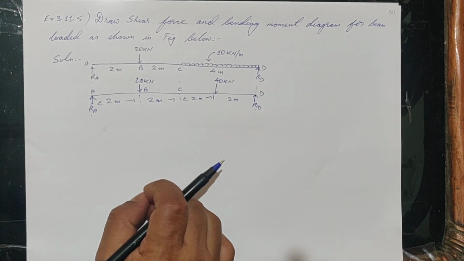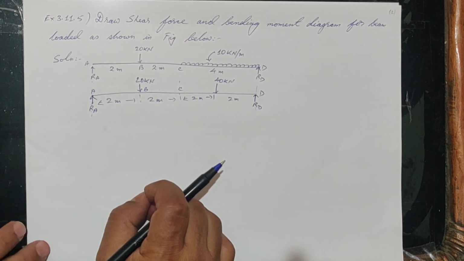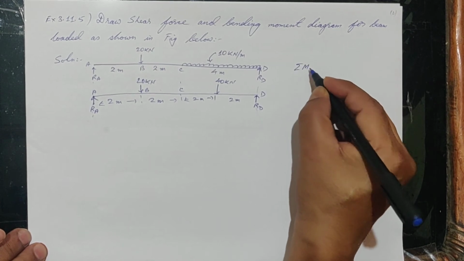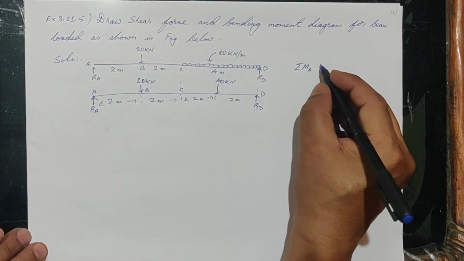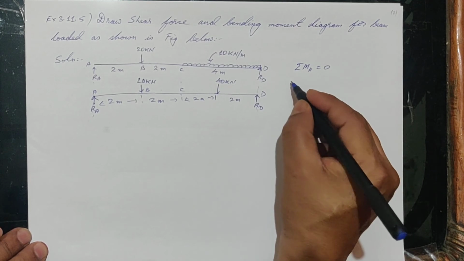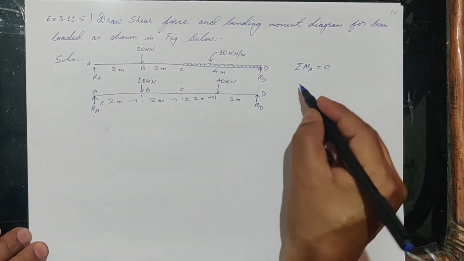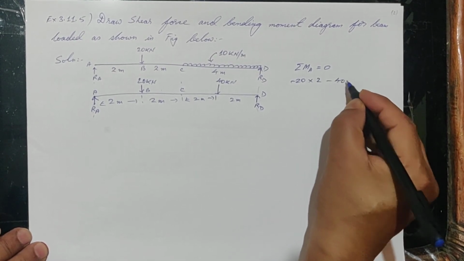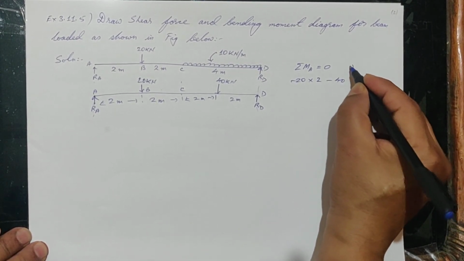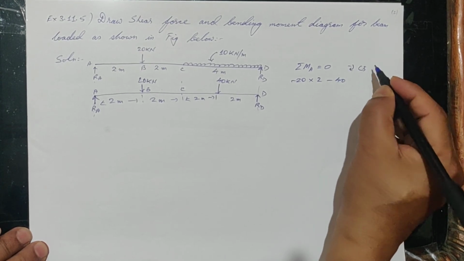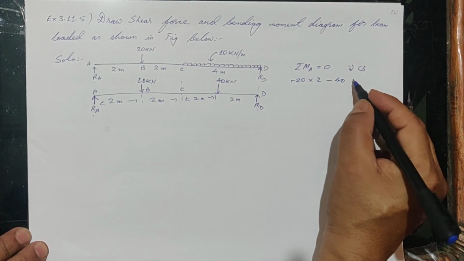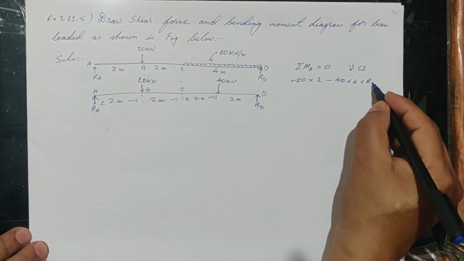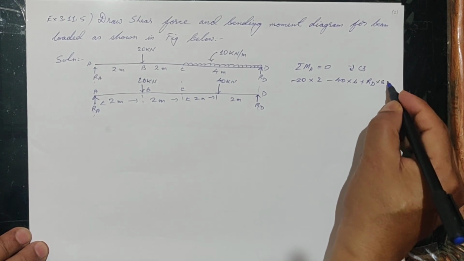Now, what we will do is, we will take moment about A is equal to 0. That is 20 multiplied by 2 minus 40 multiplied by 6 plus RD multiplied by 8 is equal to 0.